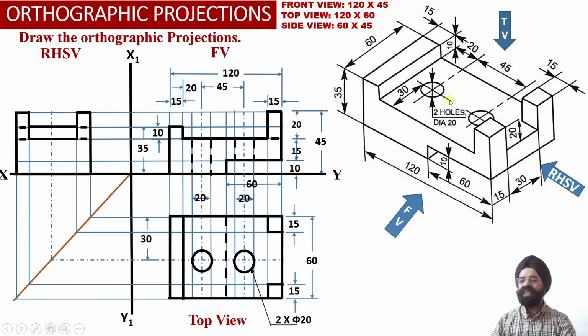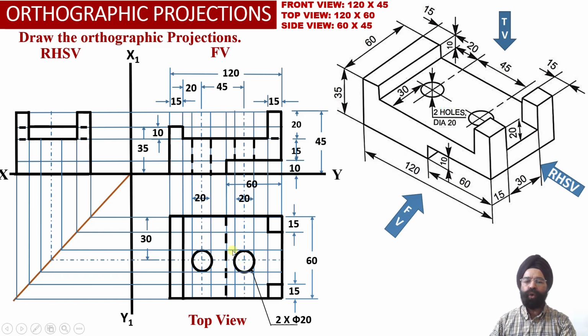And another thing we can see, this hole is having a height equal to 25 millimeter. This hole is having a height equal to 15 millimeter. Both of these holes will get overlapped in the right hand side view projections over here. So now from the top view projections, we have already obtained the diameter of the hole over here.